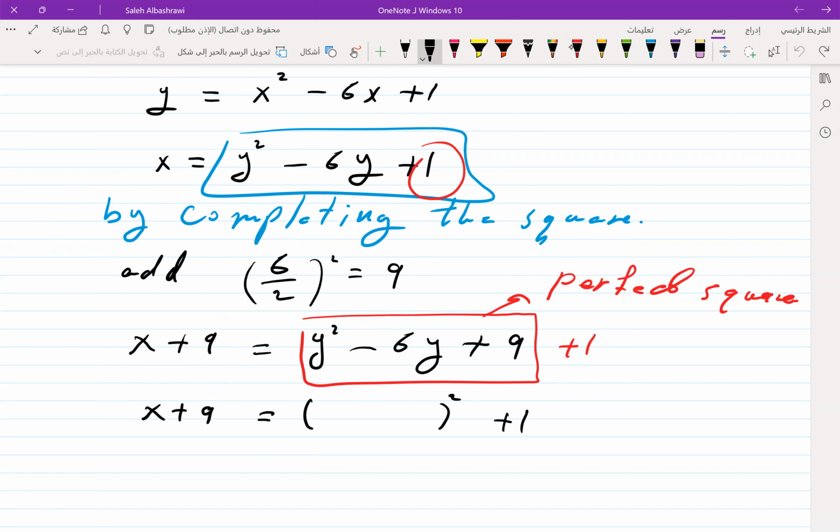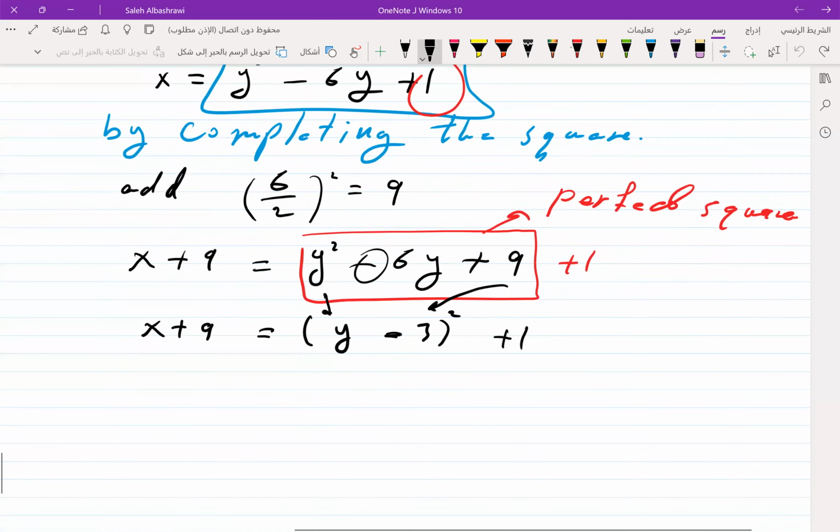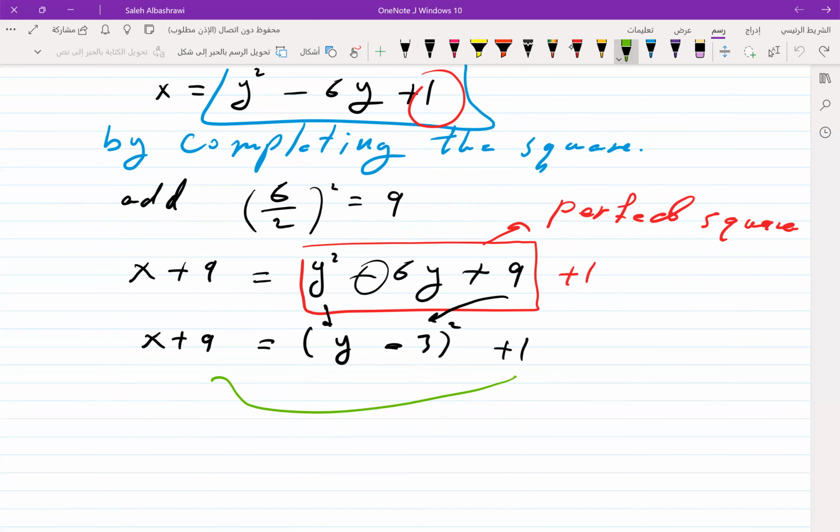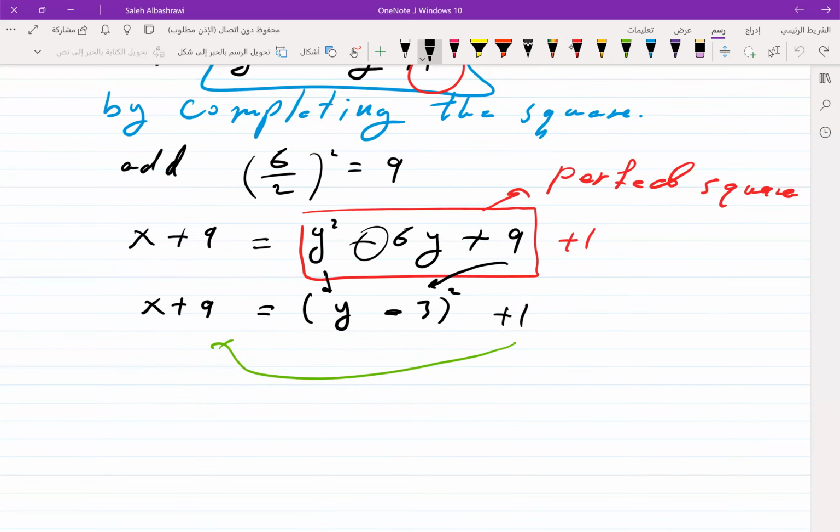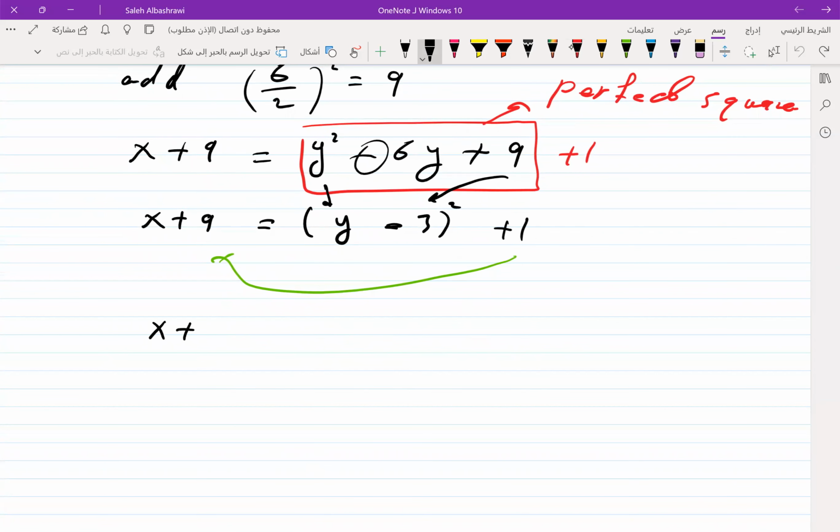Using special factoring, take the square root of the first term, which gives y. The square root of 9 is 3 and the middle sign is negative. So it is y minus 3 squared, plus 1. Move it to the other side. I will have x plus 9 minus 1 equal to y minus 3 squared, or x plus 8 equal to y minus 3 squared.